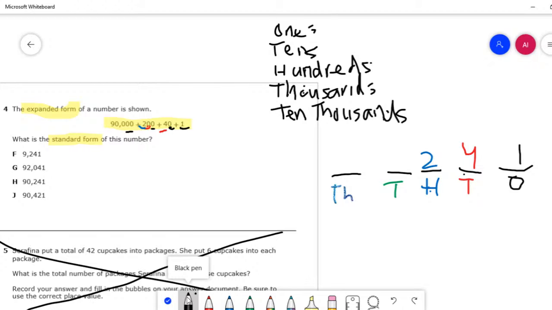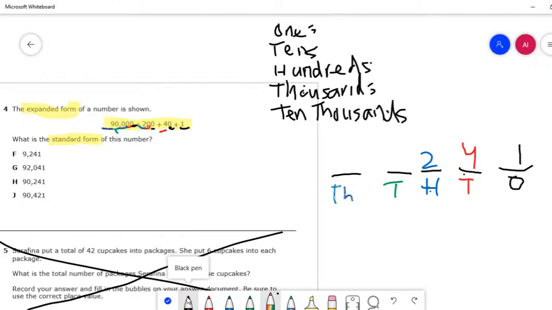We have a 0 in the ones place, a 0 in the tens place, a 0 in the 100s place, a 0 in the thousands place, and last, a 9 in the 10,000s place.